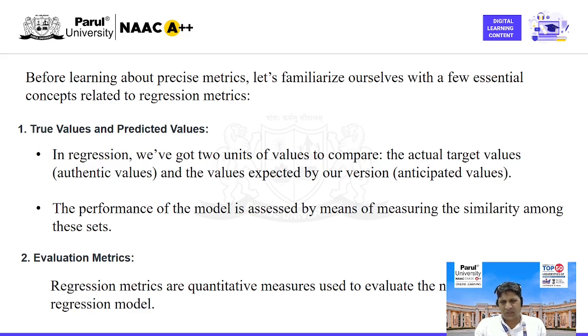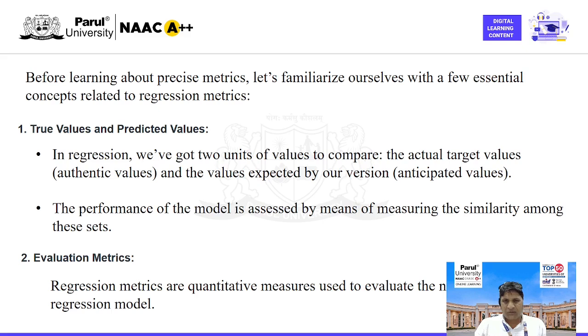There are two terms: the true values and the predicted values. In regression, we have two sets of values to compare. One is the actual target values, the authentic values, and the second is the values expected from our model, known as predicted values.